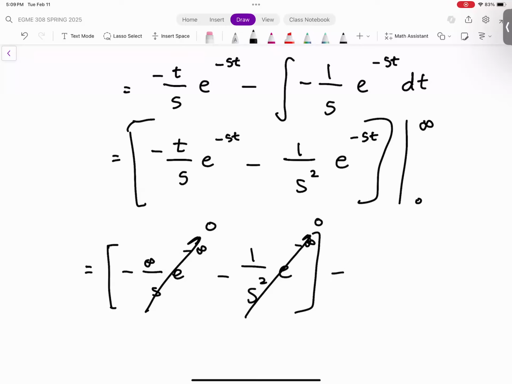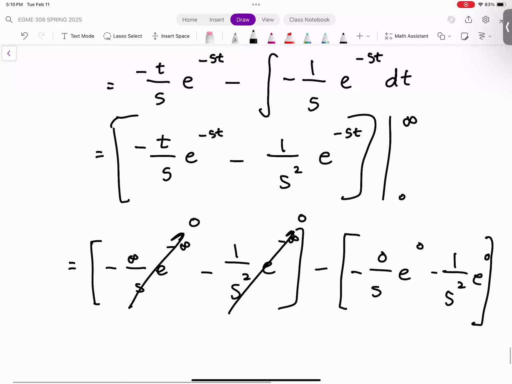We have a minus, so we're going to evaluate everything at t equal to 0 now. So we have a minus 0 over s, e to the 0, minus 1 over s squared, e to the 0. For that first term, e to the 0 is going to be 1, but we have 0 over s, so that's just going to be 0.